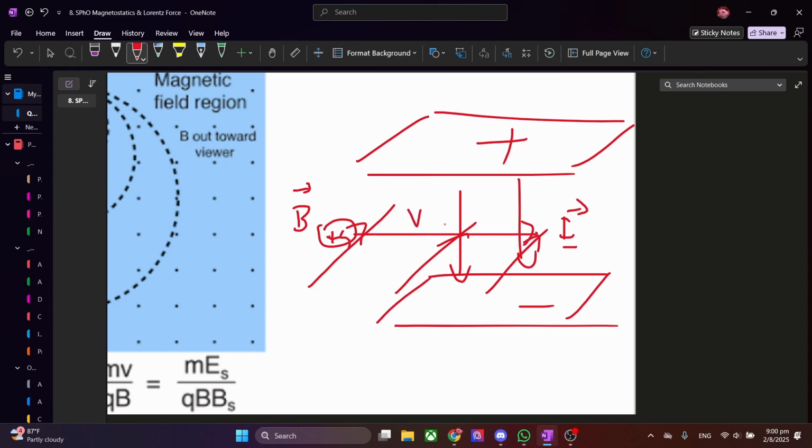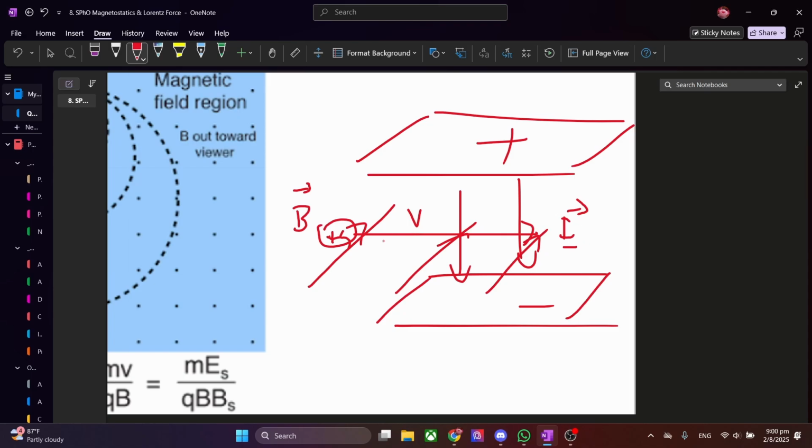Only particles of a certain speed are going to remain undeflected, so they keep traveling in a straight line.